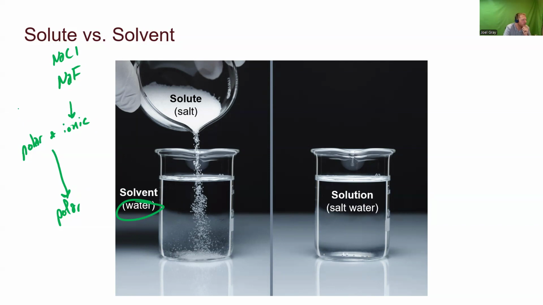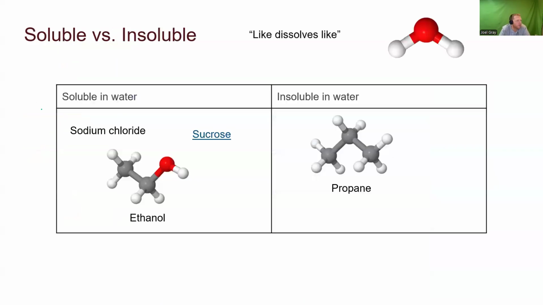A polar substance like, let's go with CH3OH. The presence of that OH makes that a polar substance. That is methanol. Methanol will go into water pretty well. Like dissolves like. Sodium chloride, ionic. Ethanol, polar.